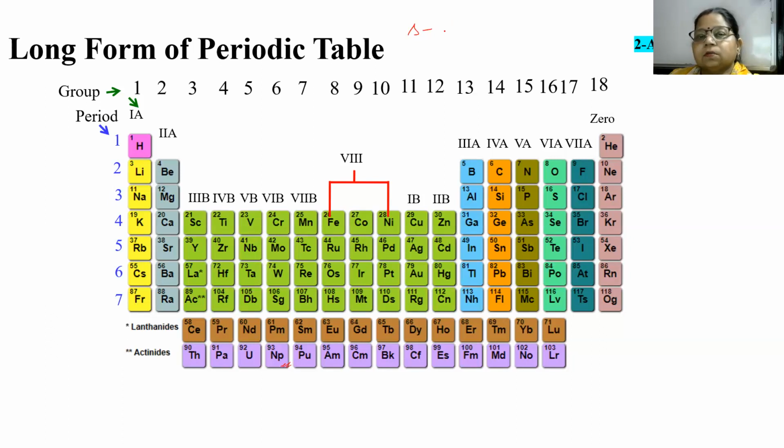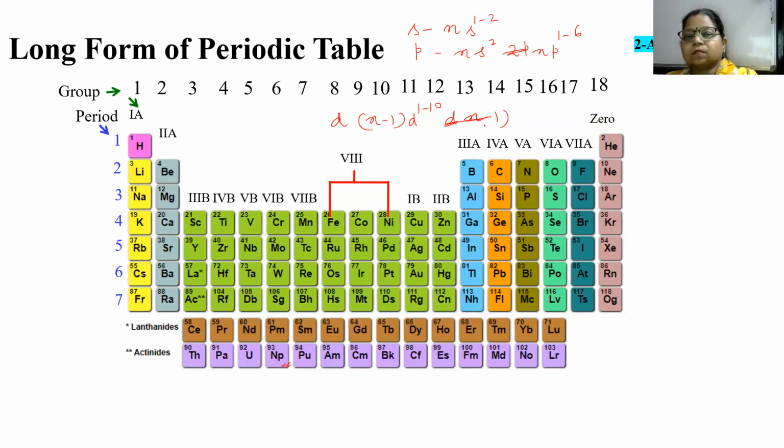For S block, it was ns1 to 2. For P block, it was ns2 np1 to 6. For D block, it was (n-1)d1 to 10 ns1 to 2, right?